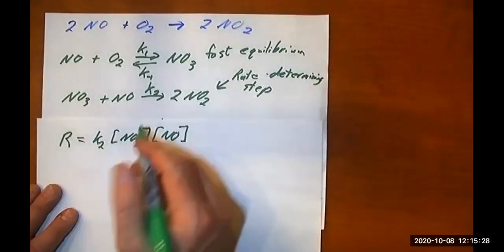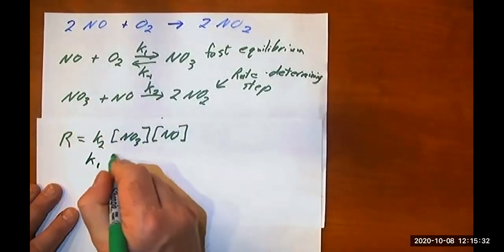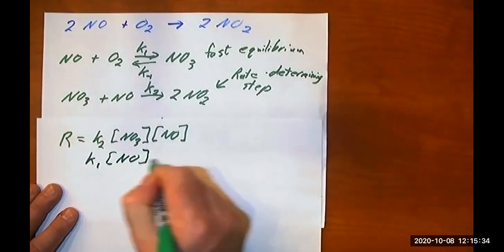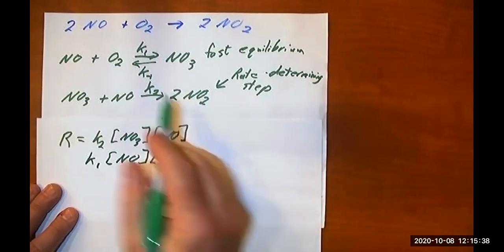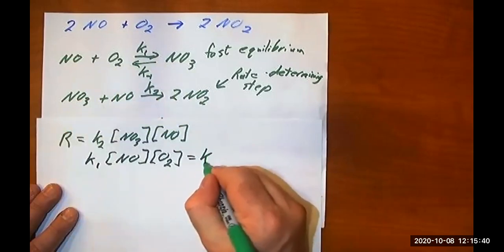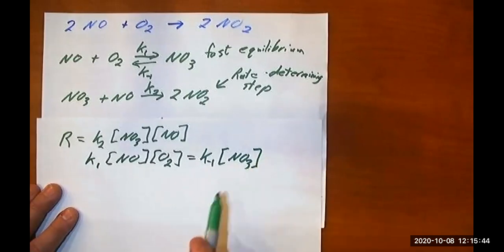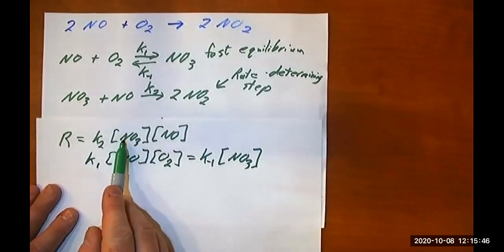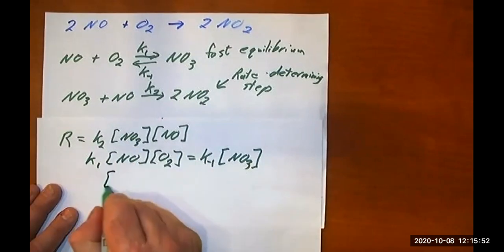So we take the forward rate, which is K1 concentration of NO, concentration of O2, and set it equal to the reverse rate, which is K-1 concentration NO3. The thing we are trying to get rid of is the concentration of NO3. So let's solve this equation for that concentration.